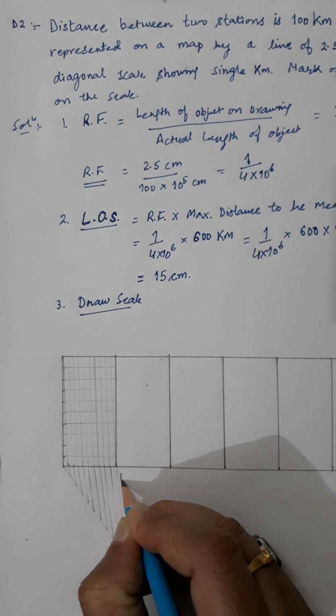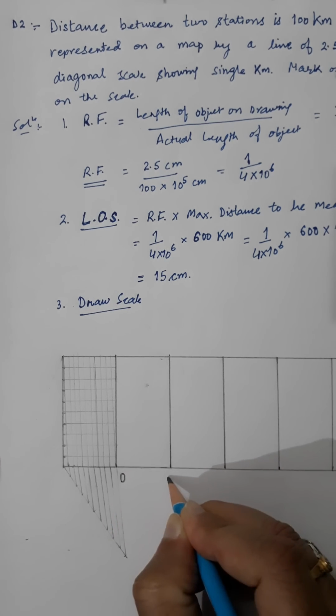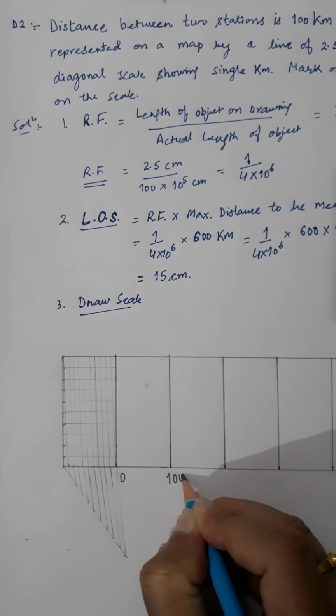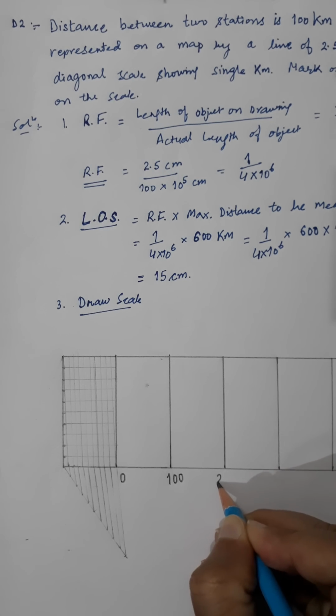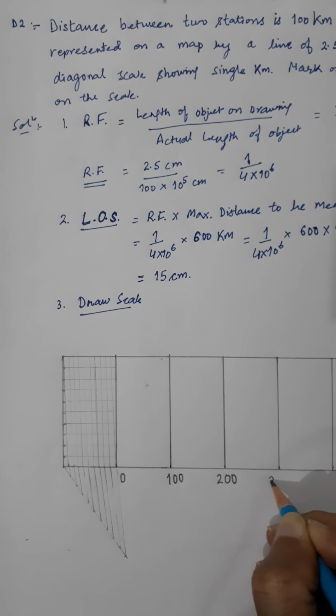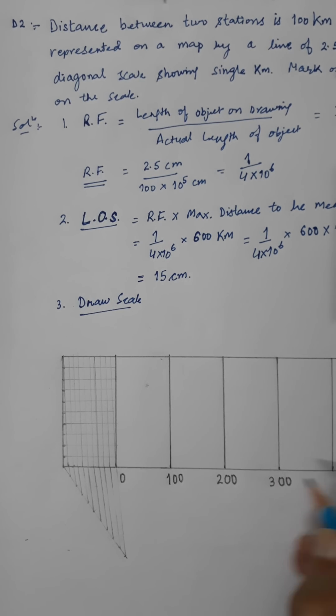So you can first start with the first division, always 1, then this is 100, because all divisions are equal to 100 kilometers, 200, then 300, then 400, and then 500.